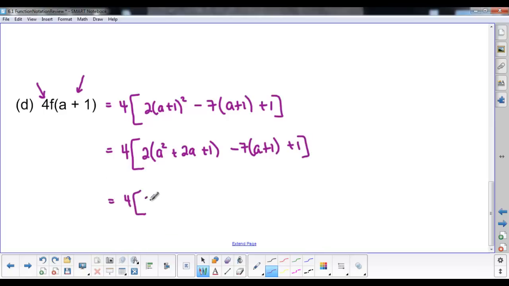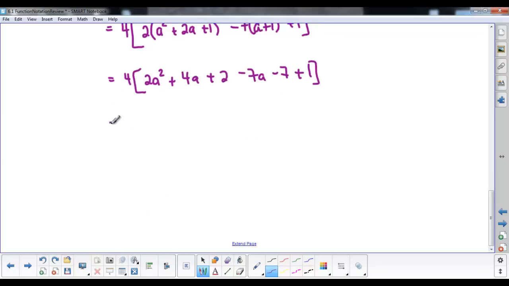So we'll take that 2 and multiply it in. It becomes 2a squared plus 4a plus 2. Take the negative 7 and distribute. And then the plus 1 at the end. Now at this point you can choose to simplify or you can multiply the 4 in. I'm going to simplify first.